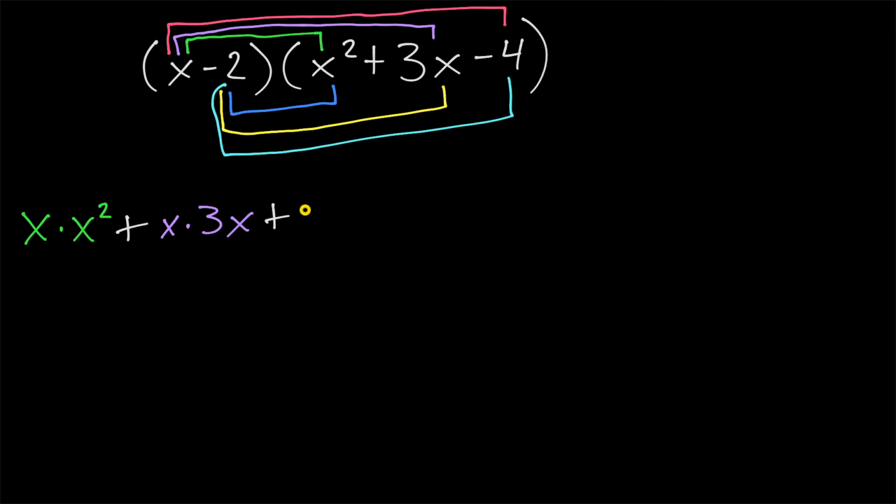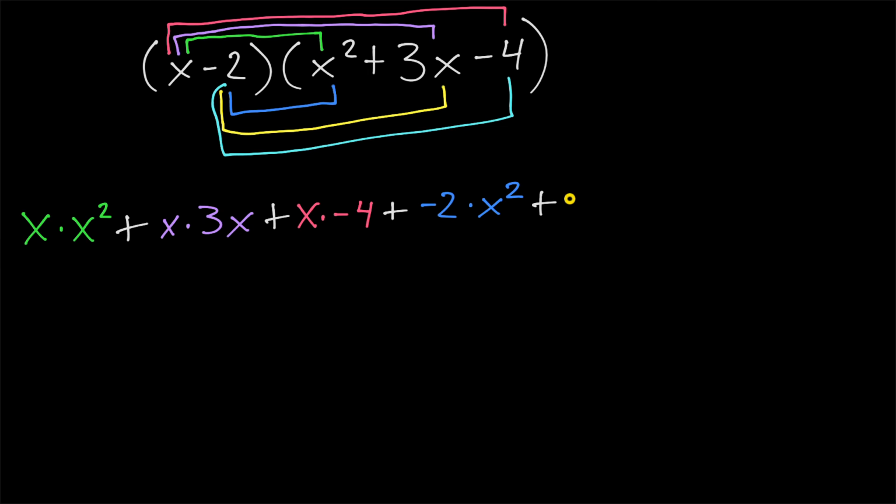So you're going to essentially add x times negative 4, and to this you're going to add the product of this negative 2 and this x squared, negative 2 times x squared, and to that you're going to add the product of the negative 2 and the 3x.